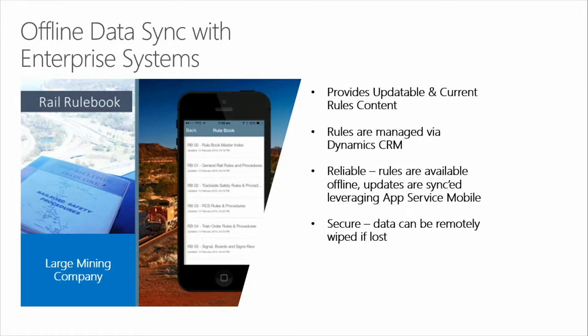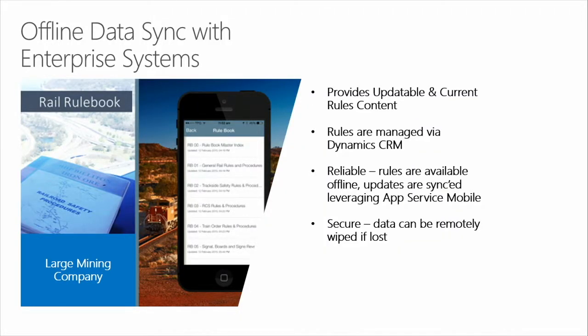Offline data sync is not only used for these replay CRUD operations. It is also pretty handy if you just want to synchronize large amounts of reference data on the client so that you always have the freshest data on the go, whether the network is there or not. In the case of the same large mining company, they wanted to offer a mobile version of their railway rulebook, something that is pretty important for safety and needs to be always available and always working.